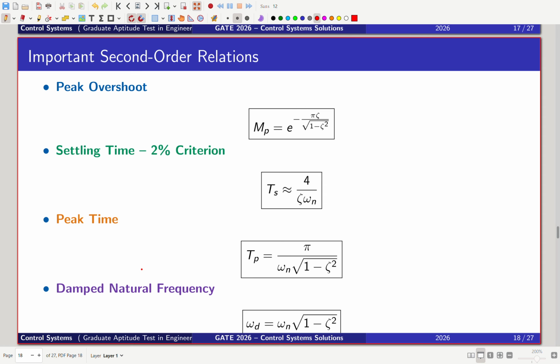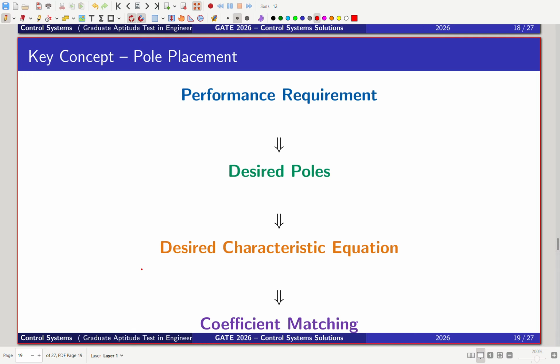Peak overshoot is e power minus pi zeta by under root 1 minus zeta square. This is the standard equation. The 2% settling time is 4 by zeta omega n, and 5% is 3 by zeta omega n. The damped natural frequency is omega n under root 1 minus zeta square.